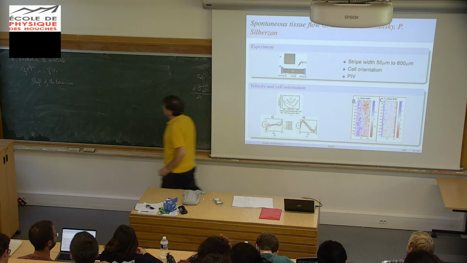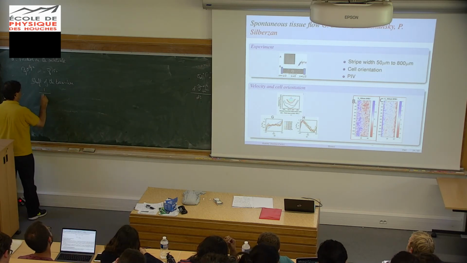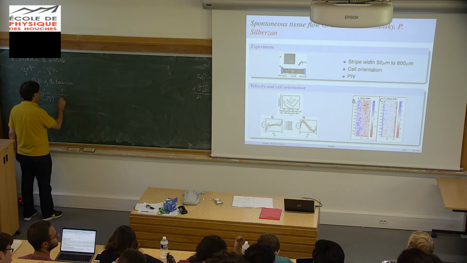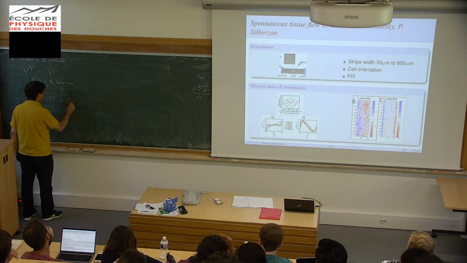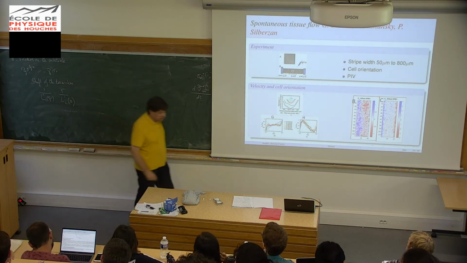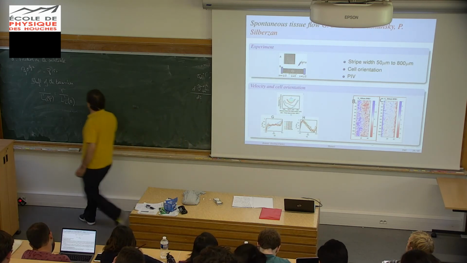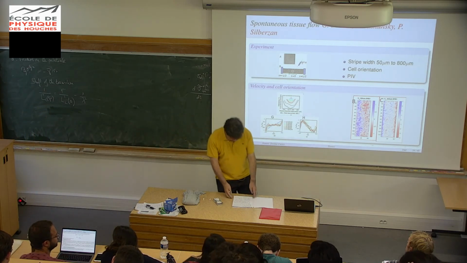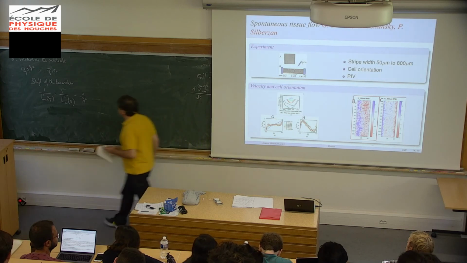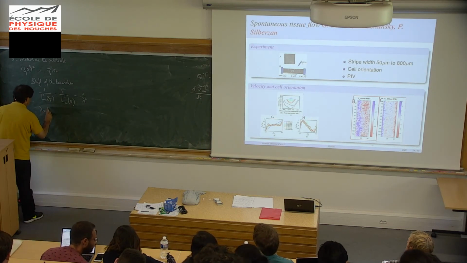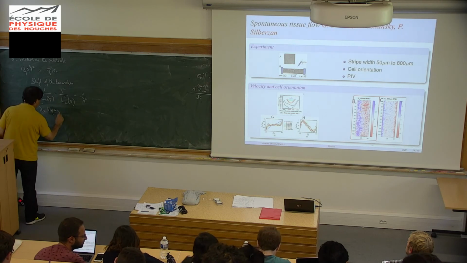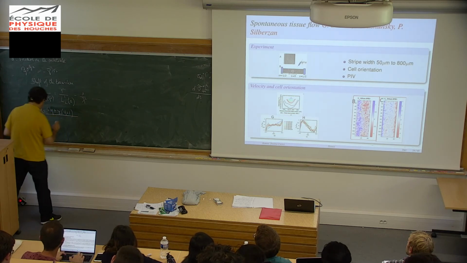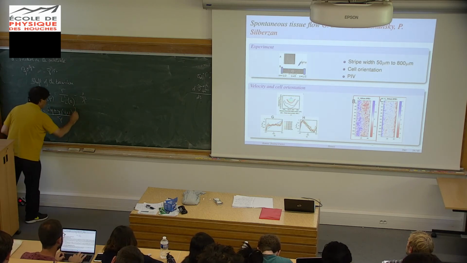You find that 1 over the critical length squared for a friction coefficient gamma is 1 over the critical length squared for a friction coefficient 0, minus 1 over lambda squared, where lambda is this gamma 1, nu 1, over the friction coefficient to the 1/2.